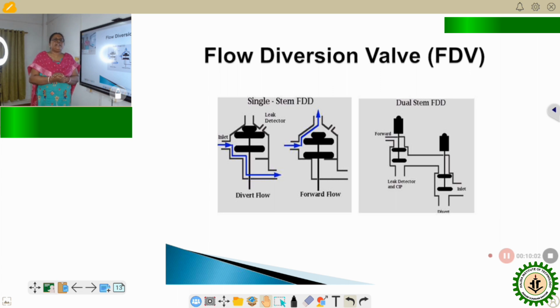But if the milk is not properly pasteurized, then what will happen? The valve will block the forward flow direction, and a diverted flow line will open up, through which milk is diverted to the balance tank for reprocessing. In this way, this valve allows the route of milk after pasteurization, and it also ensures that milk is properly pasteurized.